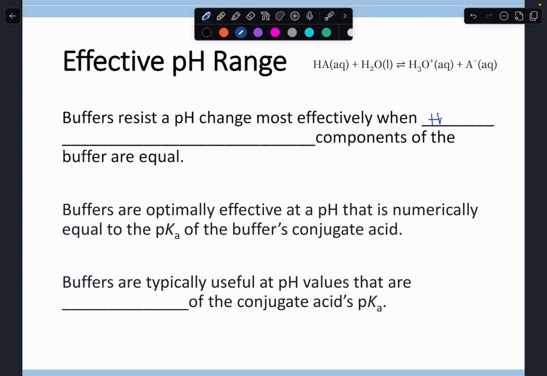So when the concentrations are equal, for example, with this equilibrium reaction here, again, we're just talking about generic HA with conjugate base A minus.